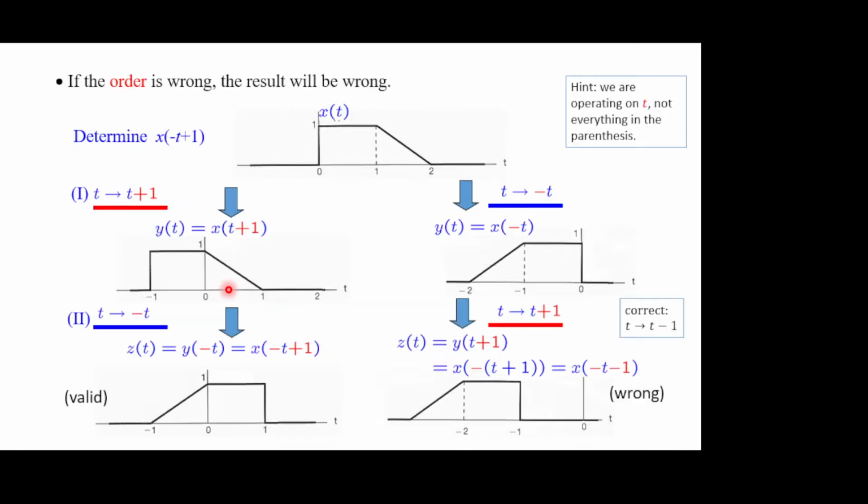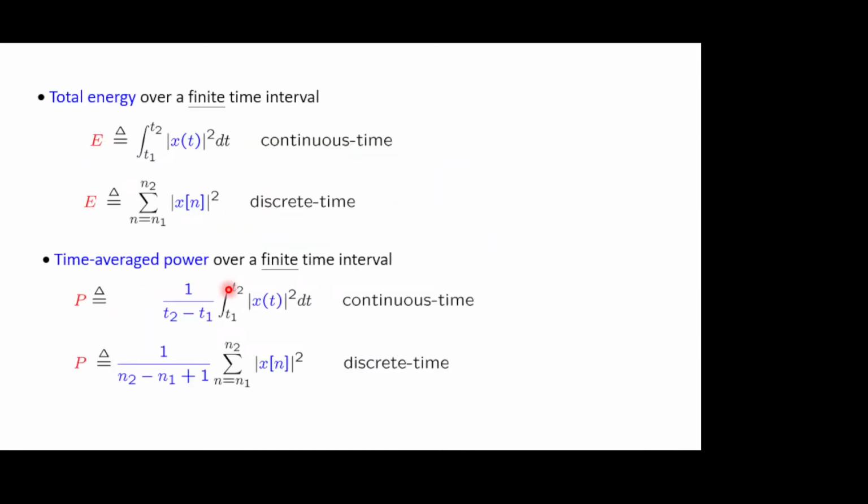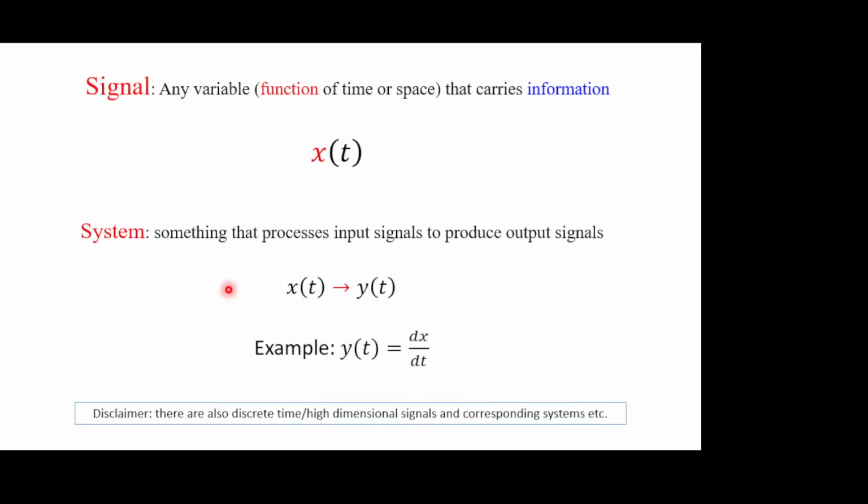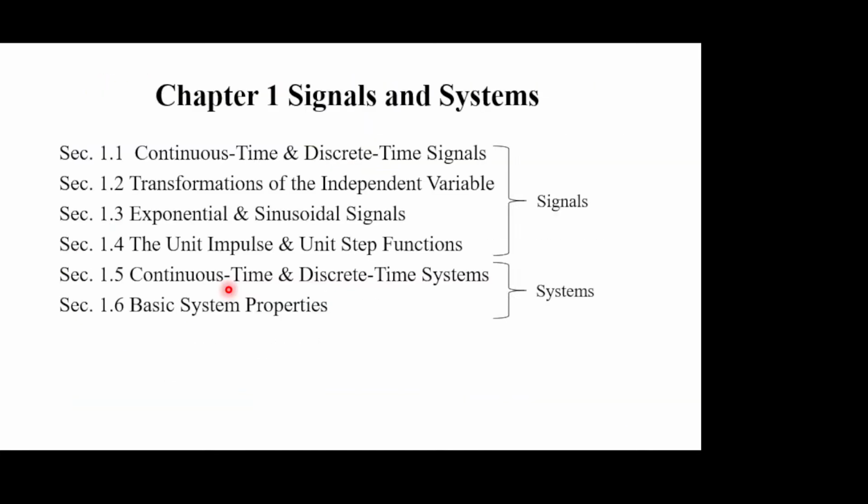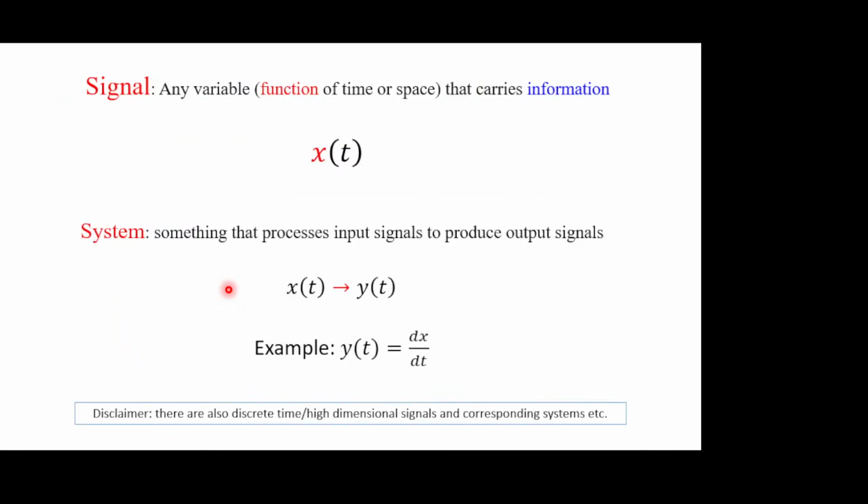Let's maybe start at the very beginning. The review. We are talking about signals and systems. And once again, a signal is a function like this, x of t. And the system we haven't seen, but it's going to map one signal to another signal, so maybe an input signal to an output signal, and the system is this tiny arrow in the middle.